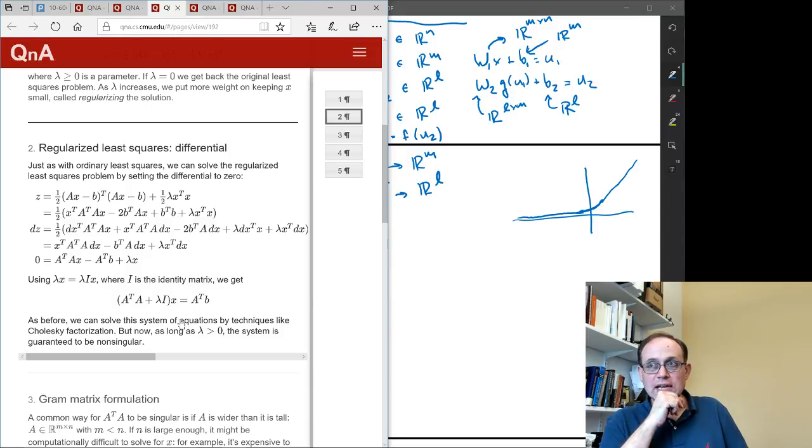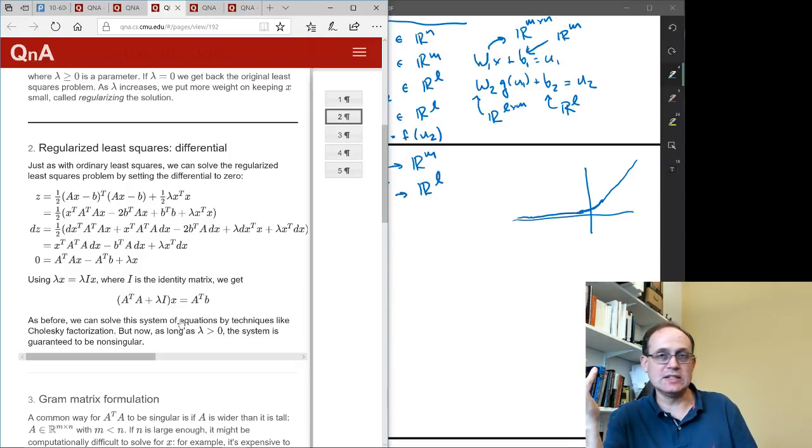And you don't actually have to know the answer to this, but I'll give you the answer just because it's interesting. So A transpose A is a positive semi-definite matrix. Every matrix of the form matrix transpose times the same matrix is going to be positive semi-definite. That's fairly easy to prove.